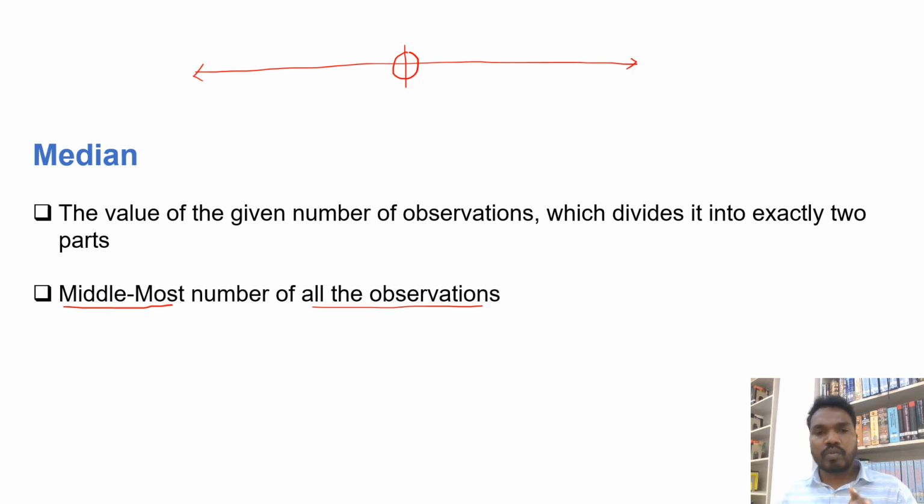Among all the data points, the observation which lies exactly in the middle is called the median. Okay.